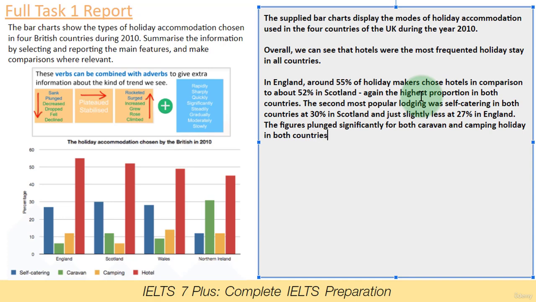Now, I'm going to show you something that is wrong. Sounds strange? It is in a way, but I just want to make this important point, and I often see it in people's writings. So I'm just going to write something now. I want you to think what is wrong with this. Let's read back what I have so far. The figures plunge significantly for both caravan and camping holidays, plural of course, in both countries. Okay, so what am I doing wrong here?